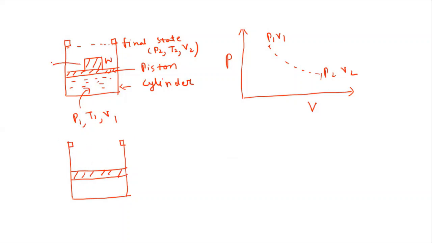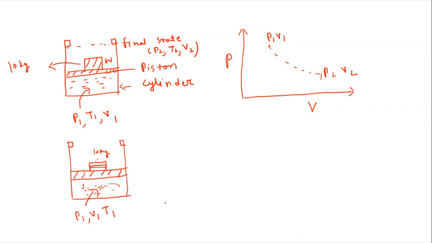Let's say the total is 10 kg, which is now replaced by small weights of 100 grams each, and so on up to 10 kg. Again we have the gas here with pressure P1, volume V1 and temperature T1.